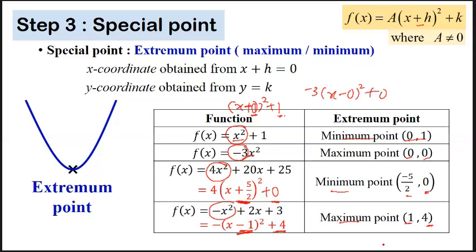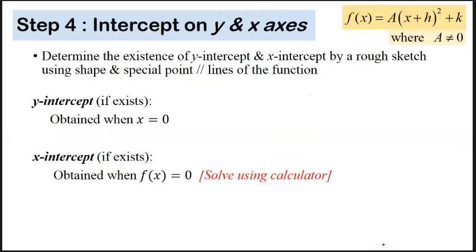Then next we go on with step 4, the intersections on the x and y axes. Similar to before, when I want to determine the intercepts on the x and y axes, I need to find out whether they exist or not based on the previous 3 steps, by doing a rough sketch with reference to the special point.